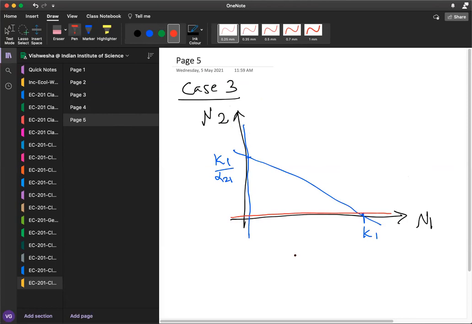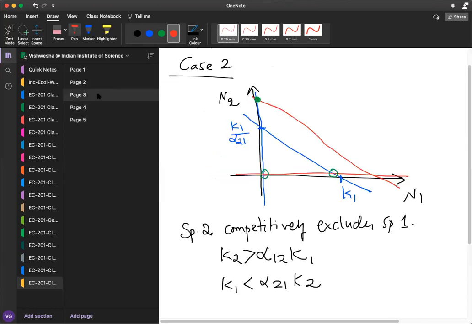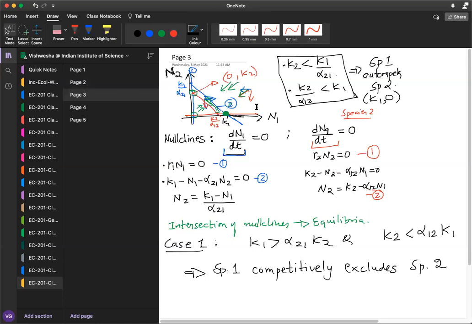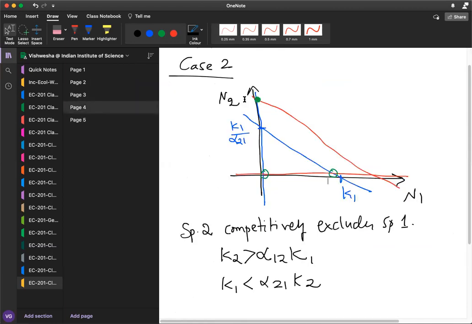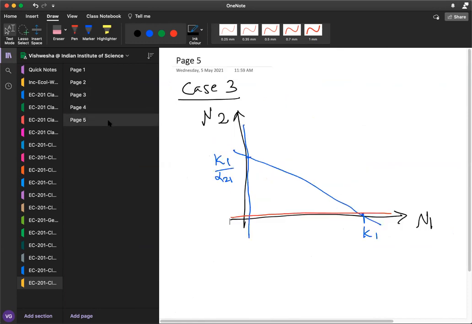So what's the next possible scenario now? Remember that there were two things we have done so far. One where both these points are below the blue line, the other where both these points are above the blue line. So now we can do two scenarios where we can start here, do this.